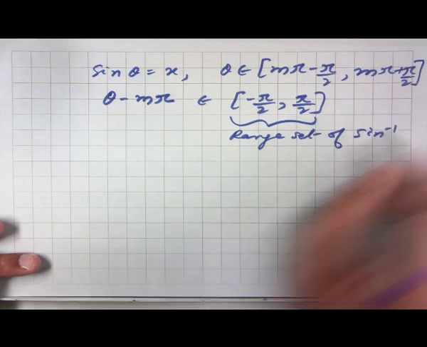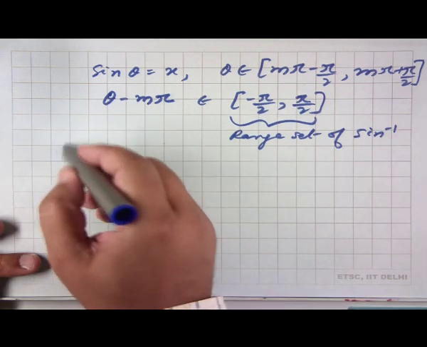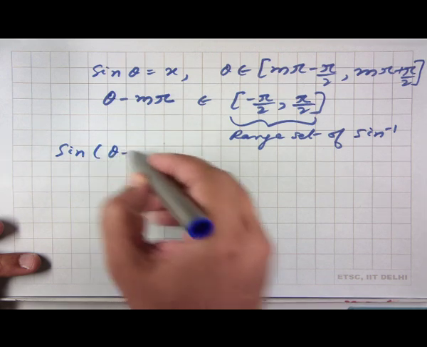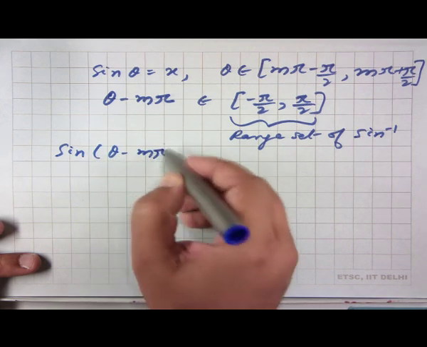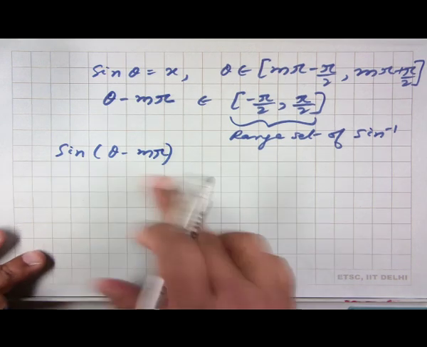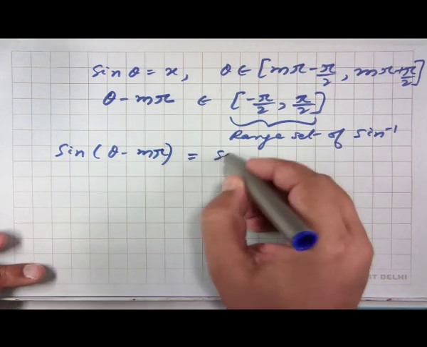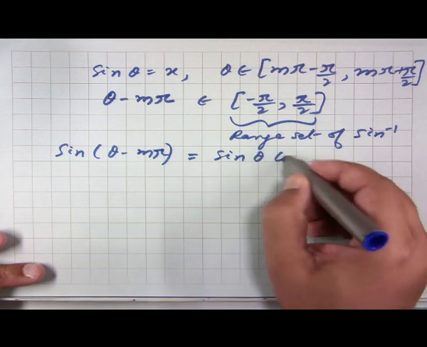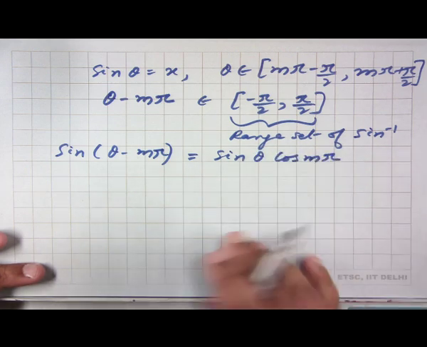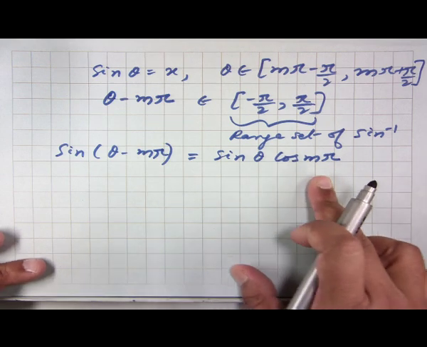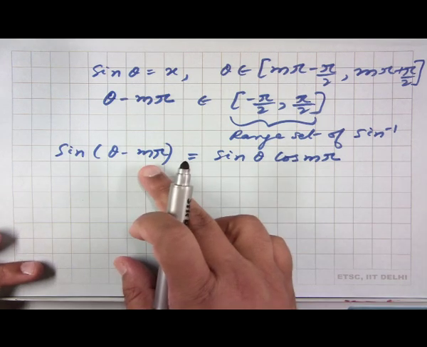Now, let us see what is the value of sine of theta minus m pi. This is equal to sin A cos B minus cos A sin B, but sine of an integer multiple of pi is equal to 0.